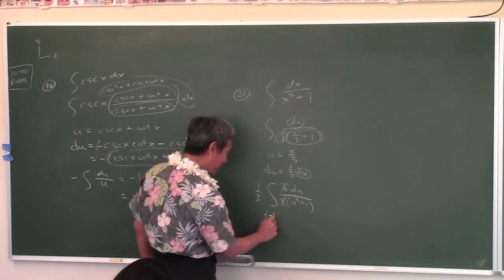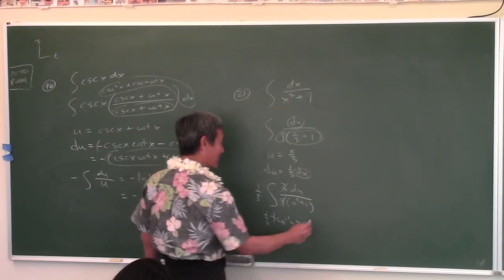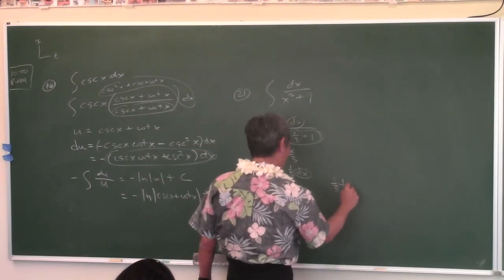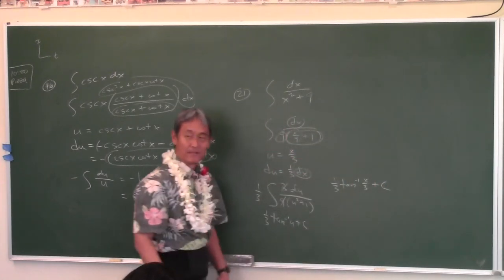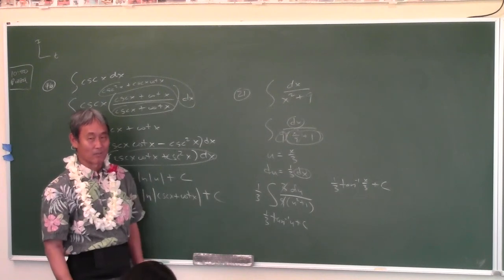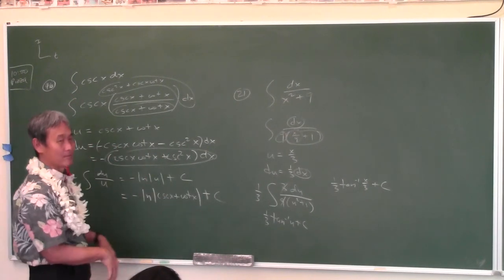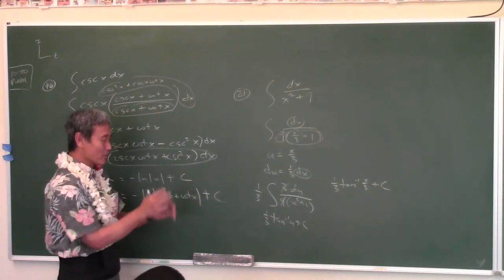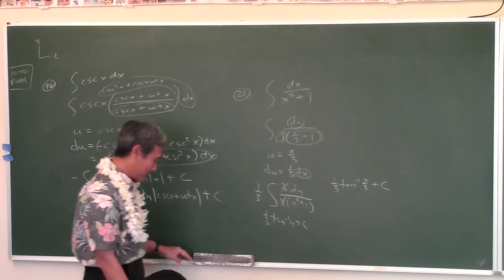So that's one third tan inverse u plus c. Resubstitute back in. Final answer: one third tan inverse x over 3 plus c. Boom! Can you see that problem takes more thinking? That's why that one's not on tomorrow's quiz. Tomorrow's quiz, look at that, I erased the grid. You just do one U-substitution, which is kind of obvious to see. Boom, it's right there.